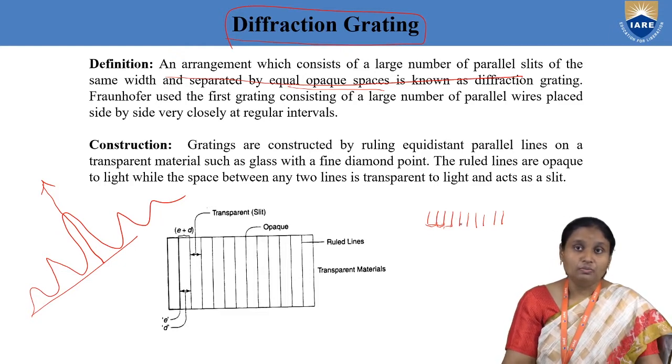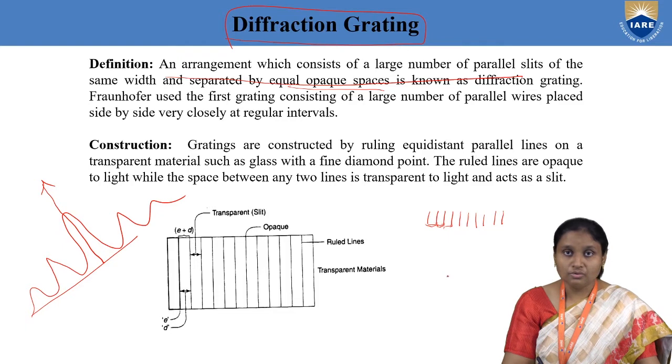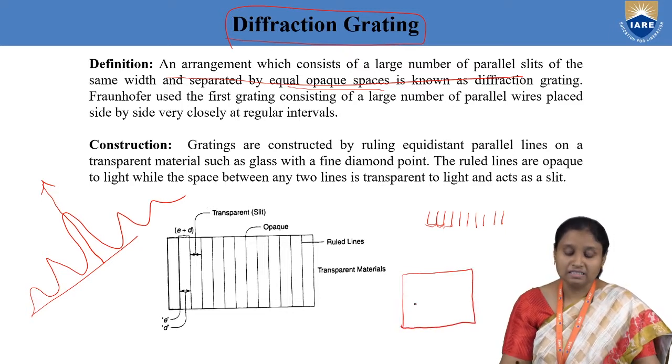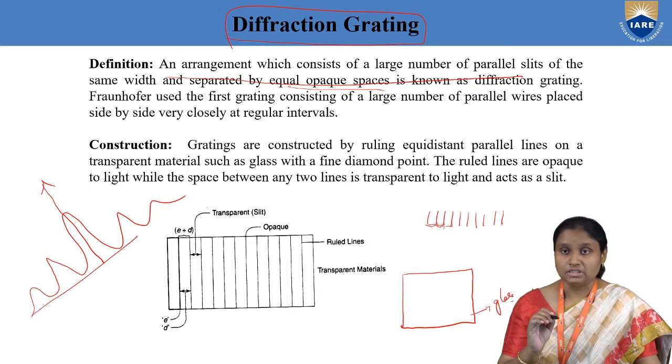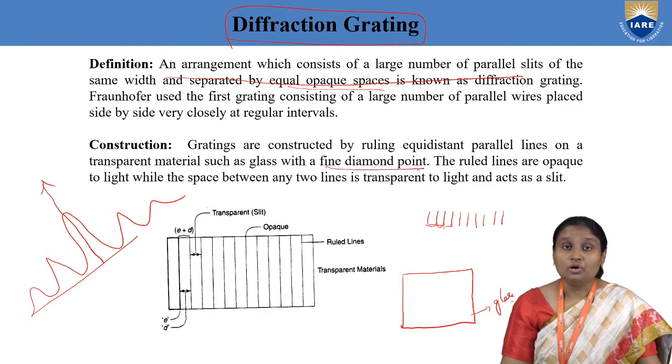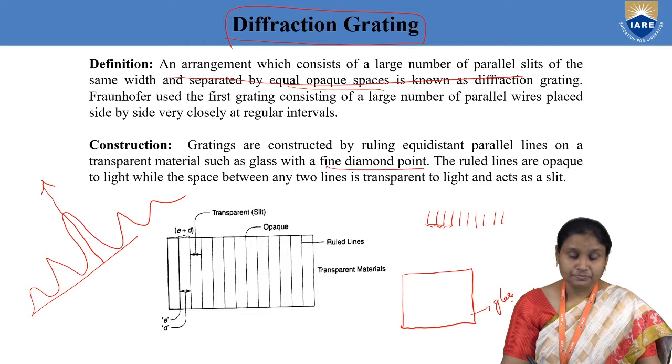Generally, how do we construct a grating? For that, I'll take a transparent material, which is nothing but glass. I have taken a glass plate, which is a transparent material. Now, using a fine diamond point, I am going to draw rulings on this glass plate.